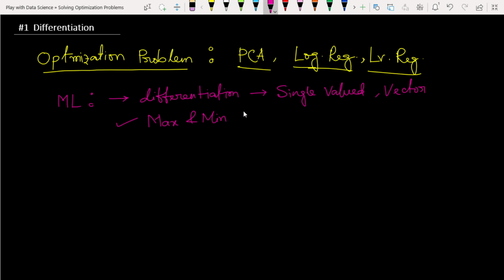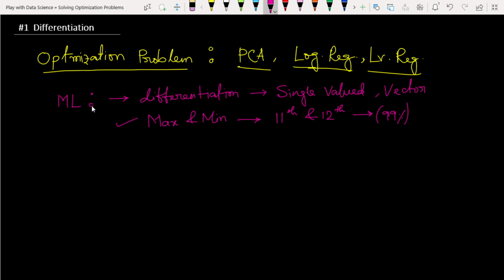We also learned this concept in 11th and 12th standard. If you forget it, just bear with me. I will cover everything, 99% of it. Again, I will repeat this concept.